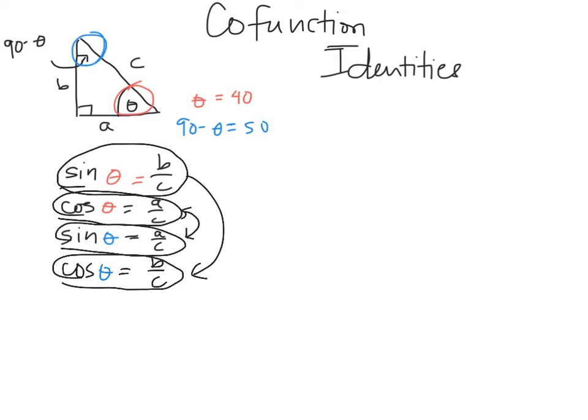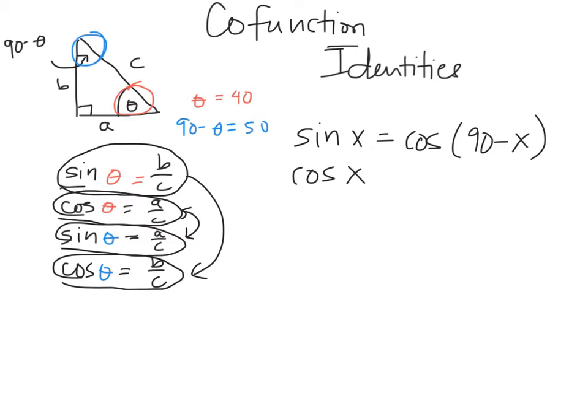Well, this is one of the things you should learn through pattern and doing it over and over, but sine of any angle, let's call it x, is the same thing as cosine of 90 minus that same angle, and vice versa.